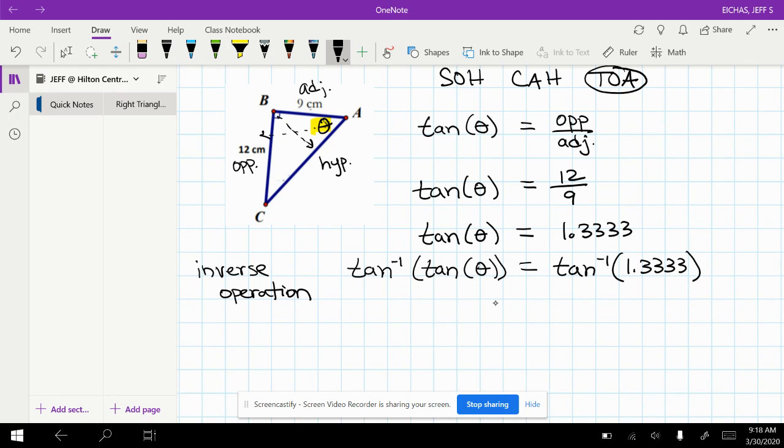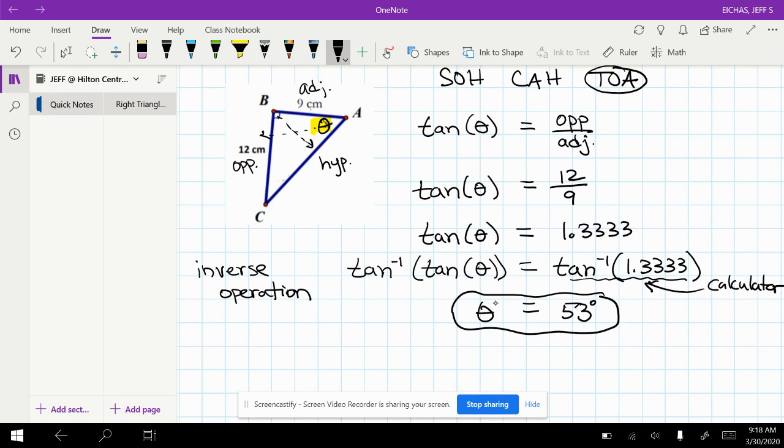So if I took tangent inverse of the left, I have to take tangent inverse of whatever's on the right. So theta equals whatever tangent inverse of that is. That's what goes in my calculator. Okay, so this is what you type in your calculator. And what comes out is the angle, in this case, to the nearest degree, 53 degrees. So there it is.